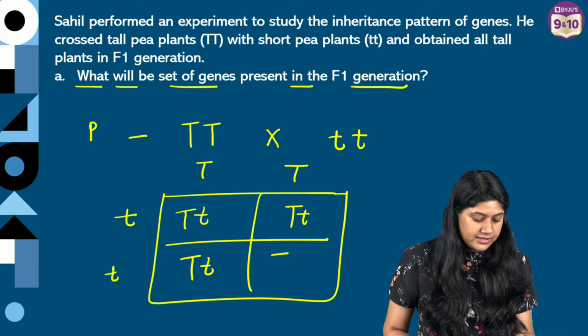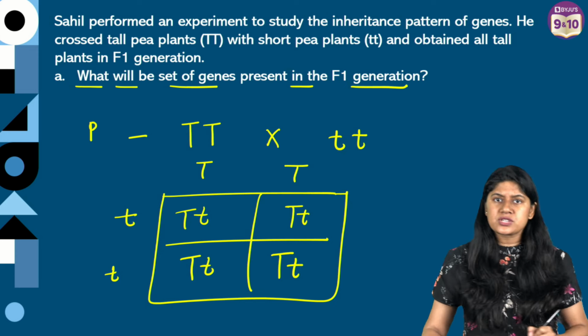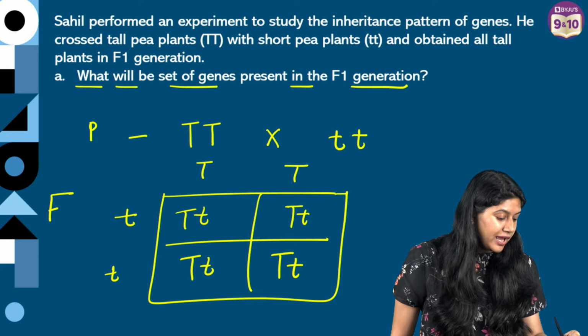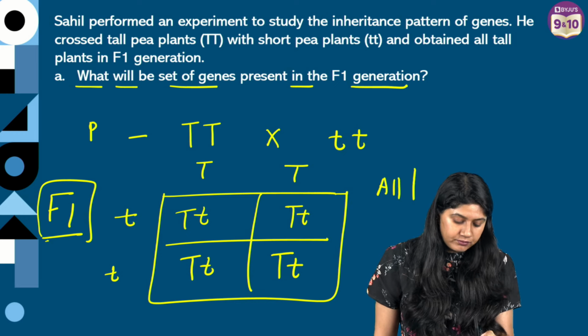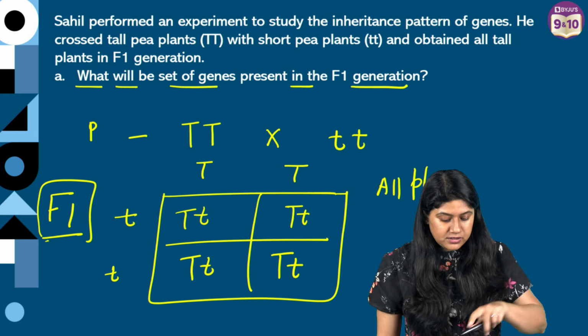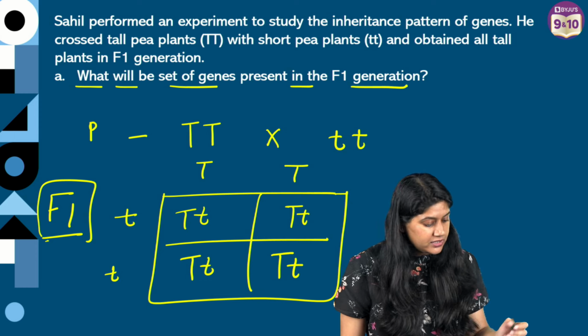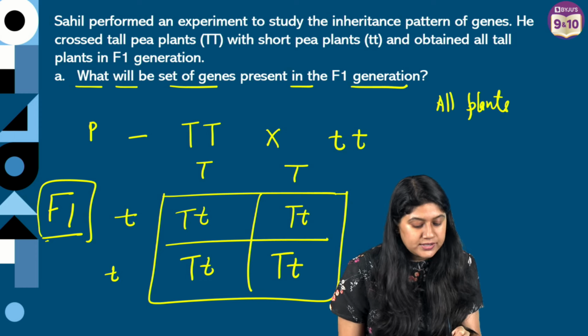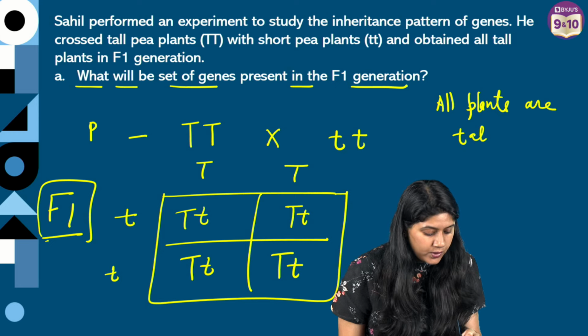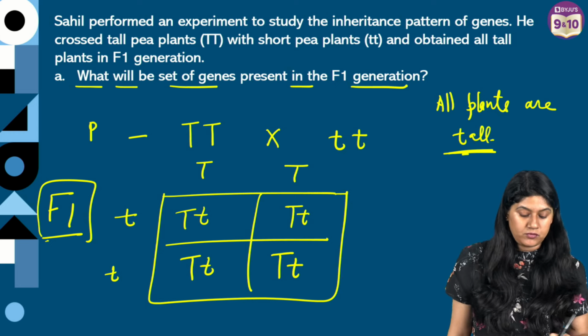They will be heterozygous, they will not be homozygous. So in the F1 generation, all the plants will be tall. I'll write over here, all plants are tall, yes, for sure, they're heterozygous.